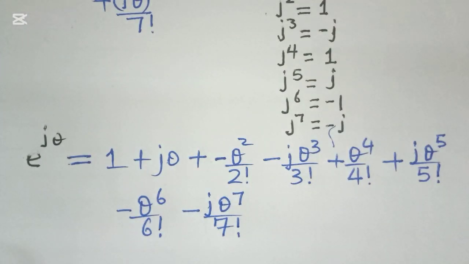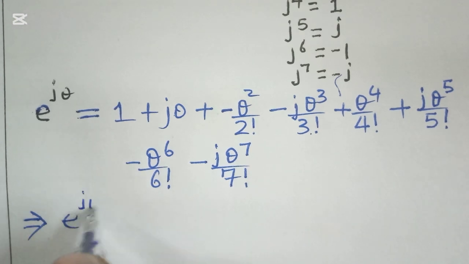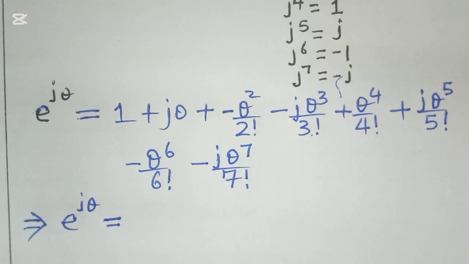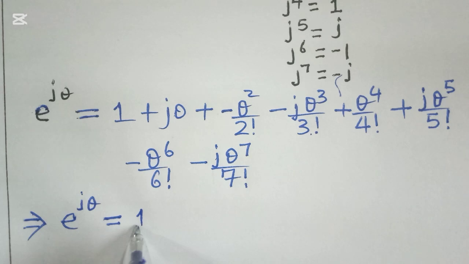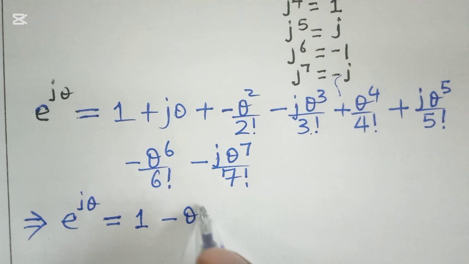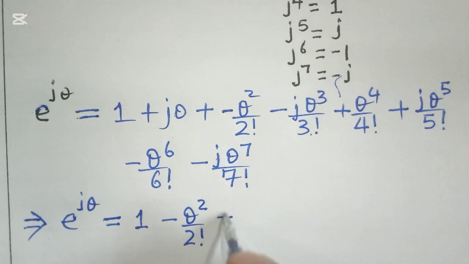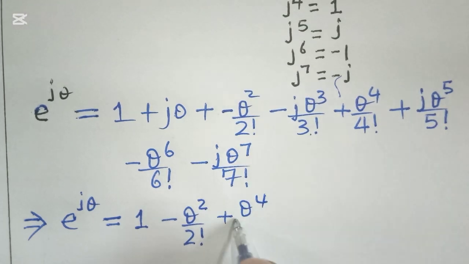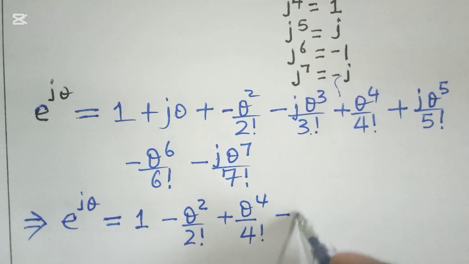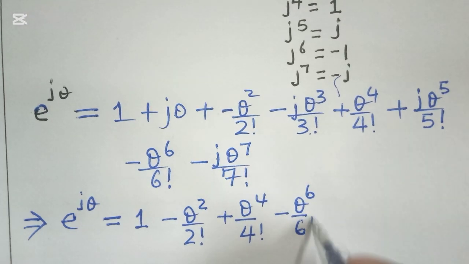And so, guys, I can write e raised to j theta equals, I can start with 1 and go for the even terms first. So you shall have 1 minus theta squared all over 2 factorial plus theta raised to 4 all over 4 factorial minus theta raised to 6 all over 6 factorial.